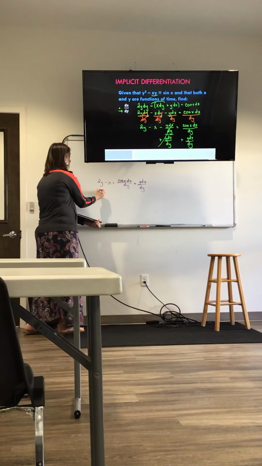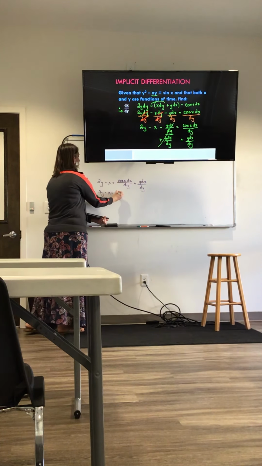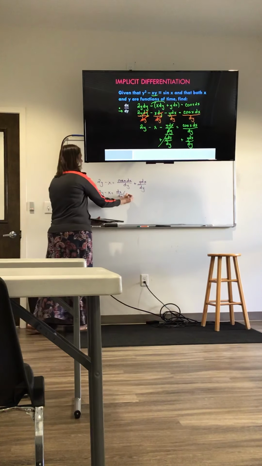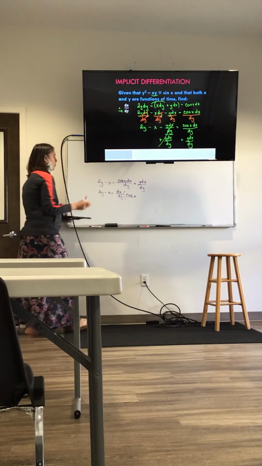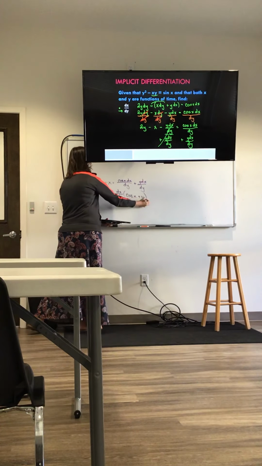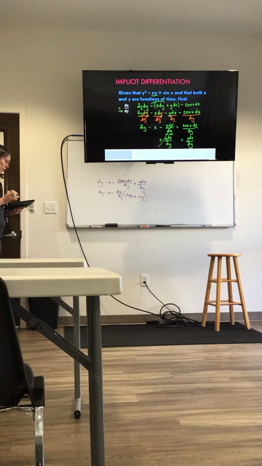So because it's part of both of the terms, I want to factor it out to the front. What does that leave me with from the first term? Just the cosine x. And what does that leave me with from the second term? Just the y.